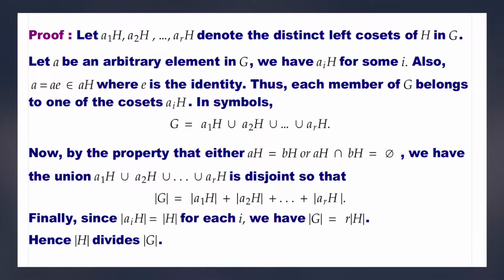Finally, since the cardinality of AiH is equal to the cardinality of H for each i, we have the cardinality of G is equal to R times the cardinality of H. Hence, the cardinality of H divides the cardinality of G.